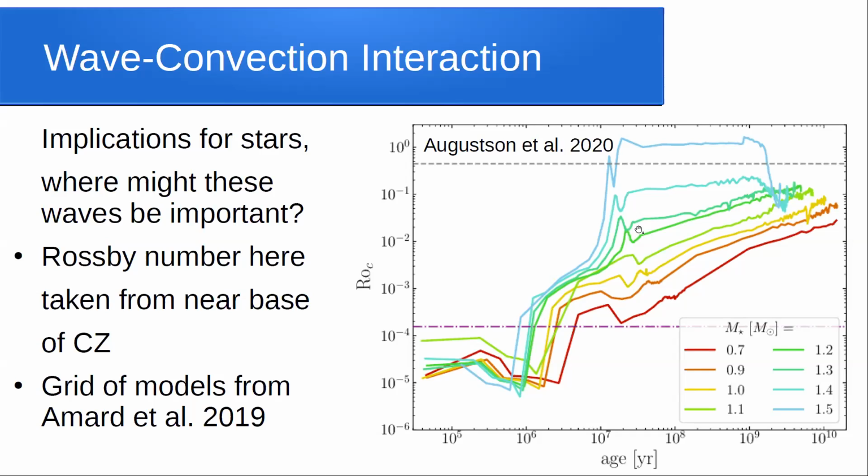And as they age, it becomes increasingly important in this Rossby number regime of 10 to the -1, 10 to the -2. The exception is the higher mass stars, where the outer convection zone has very fast flows and hence typically high Rossby numbers.